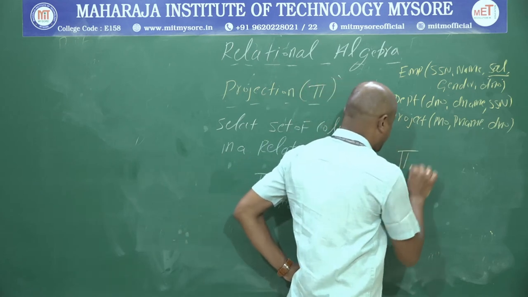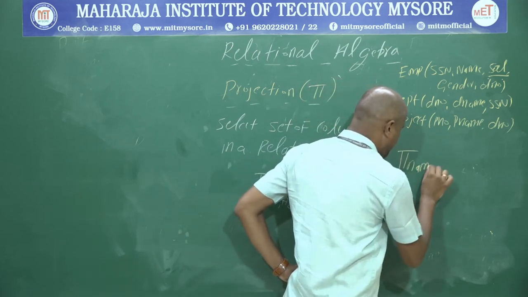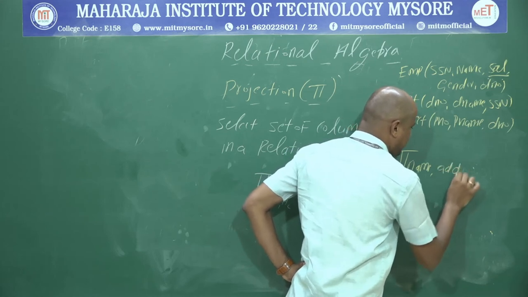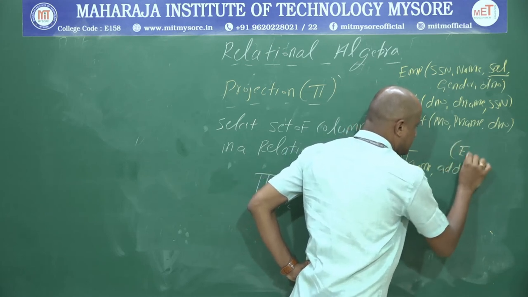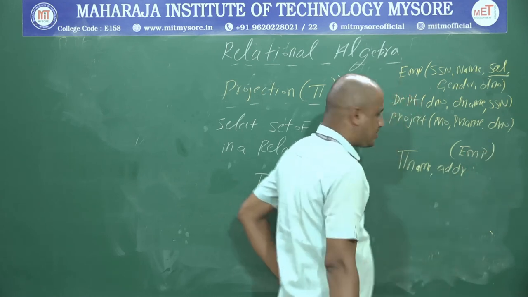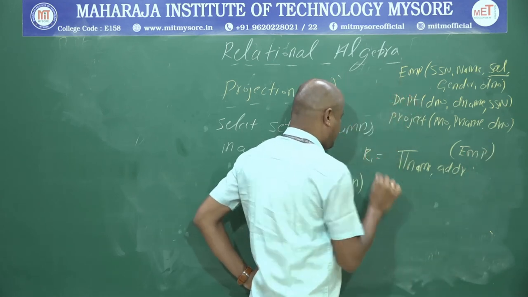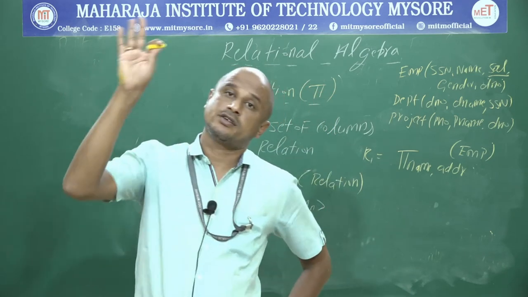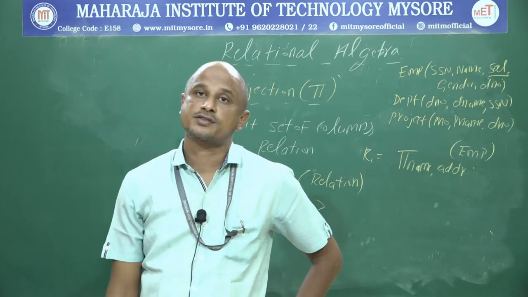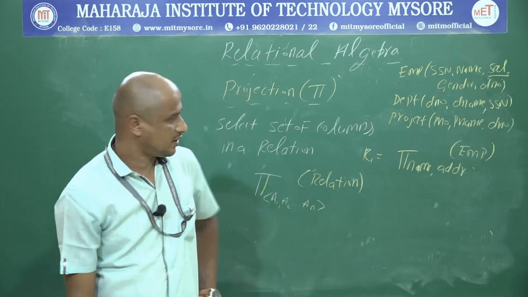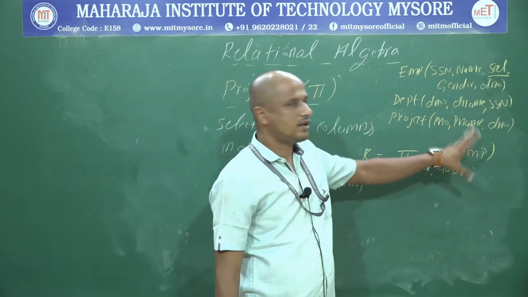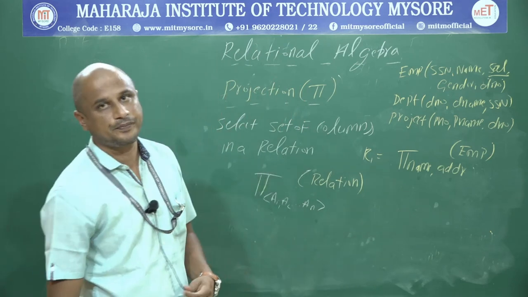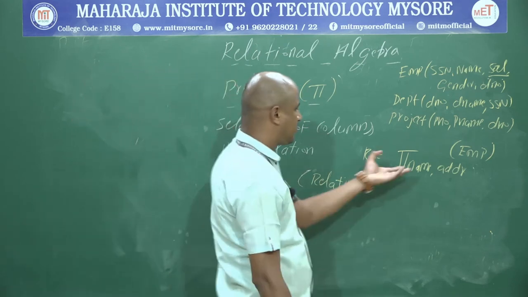For a simple way, retrieve the name and address of all the employees from a table relation, that is R1. So R1 contains the name and address of all the employees. So I can say that the name and address of all the employees will be retrieved. Okay, so this is one way of doing projection.